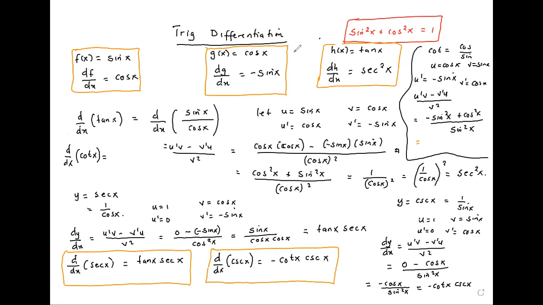Cos squared over sine squared is cot squared. Then minus 1, sine squared over sine squared. Yeah. So this is cot squared x minus 1. Maybe simplified.